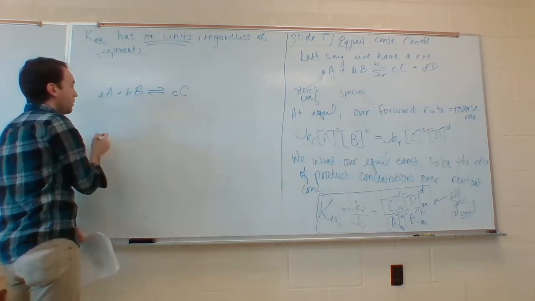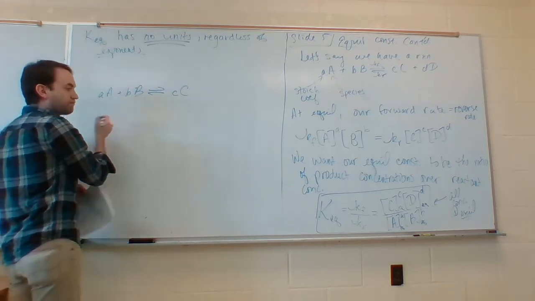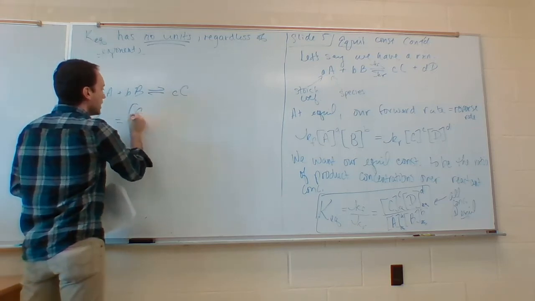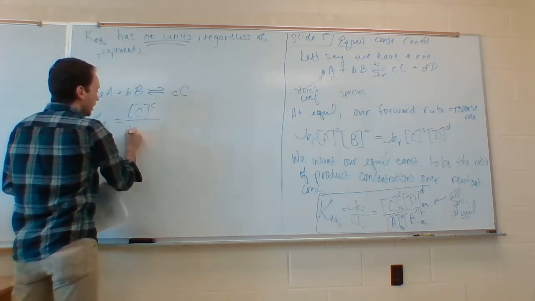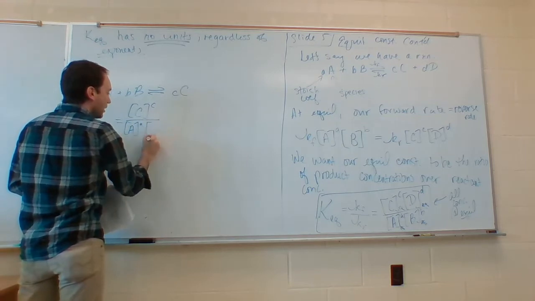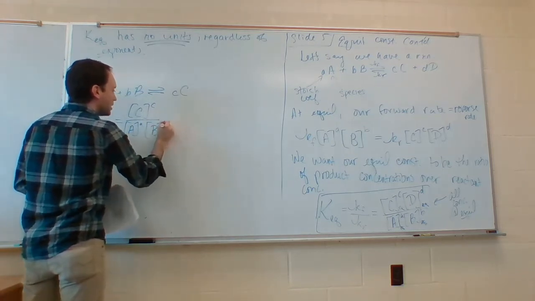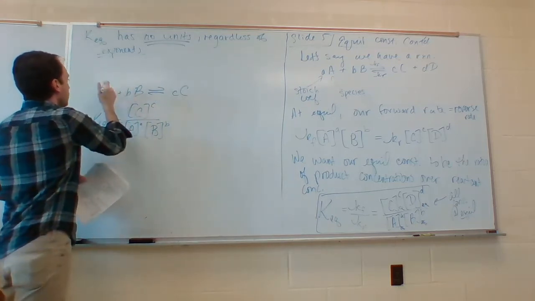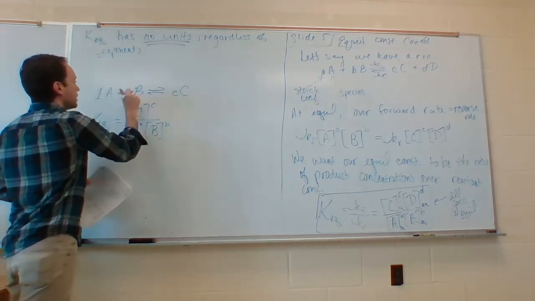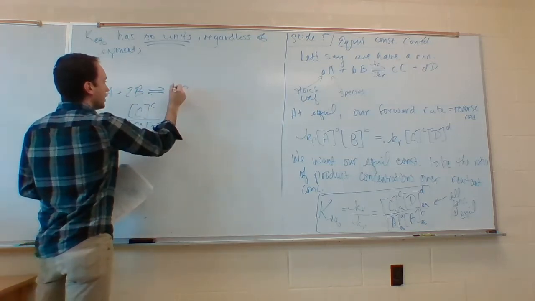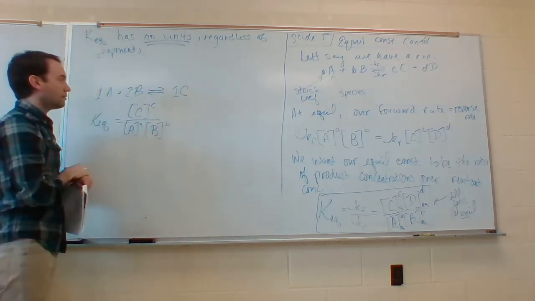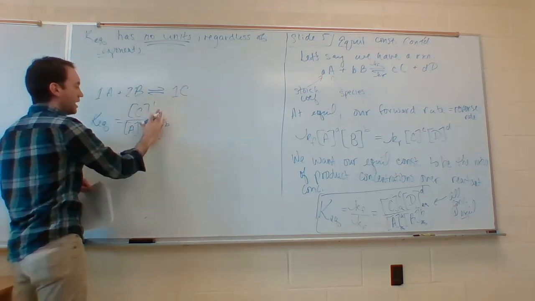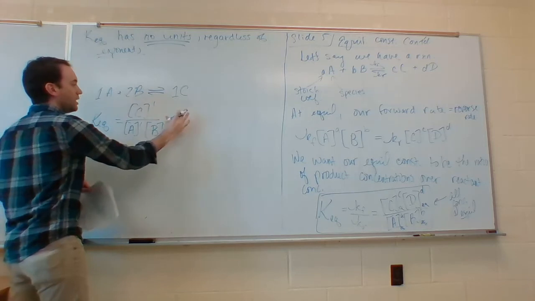In this case, you can imagine that KEQ is equal to C to the little c over A to the little a, B to the little b. Well, if I have 1A plus 2B gives me 1C, then my little c is 1, my little a is 1, and my little b is 2.